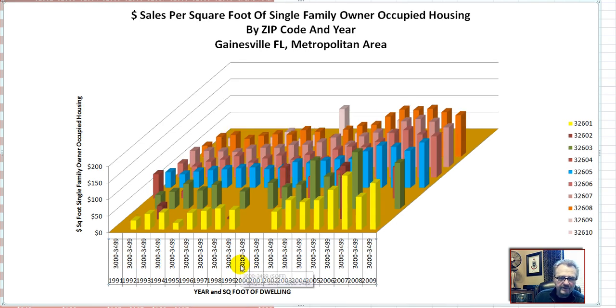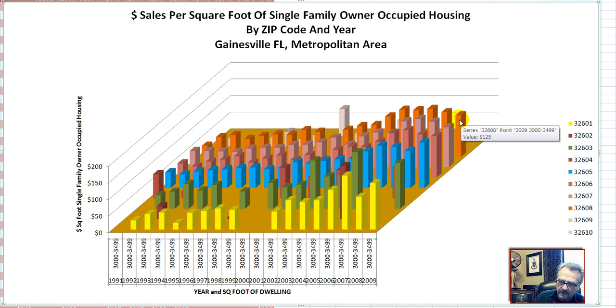Let's try another. Now we're looking at 3,000 to 3,500 square feet. You see, where would we have liked to have bought in? 10 years ago. That was the bottom of the market, and then it significantly increases. Zip code 32608, in terms of increase from a low, just qualitatively appears to have performed better than any of the other zip codes.